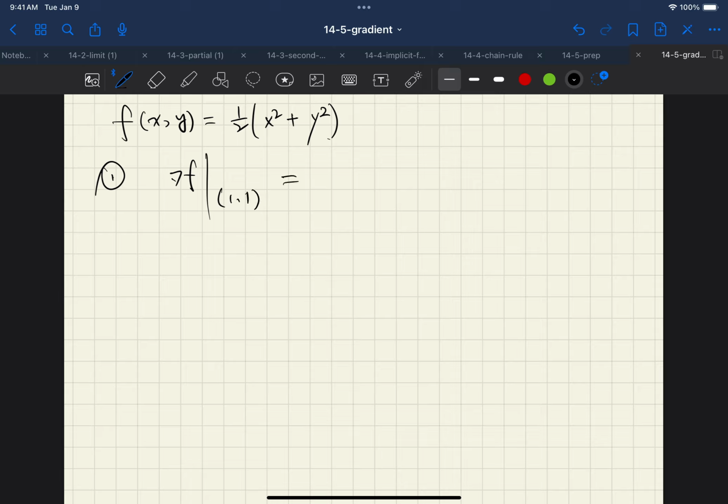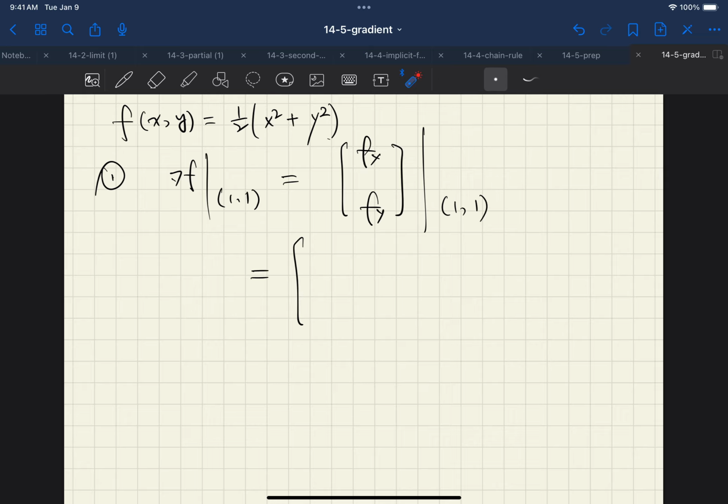Then that means gradient f is (fx, fy), and you put in (1, 1). All right, then what is fx? For this easy problem, the frozen variable is y and the activated variable is x, so this is x. fy is y, and at (1, 1), this is (1, 1).